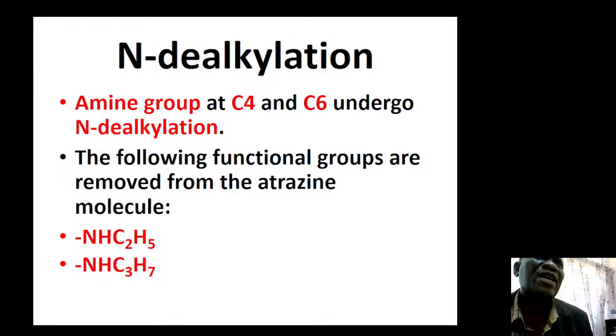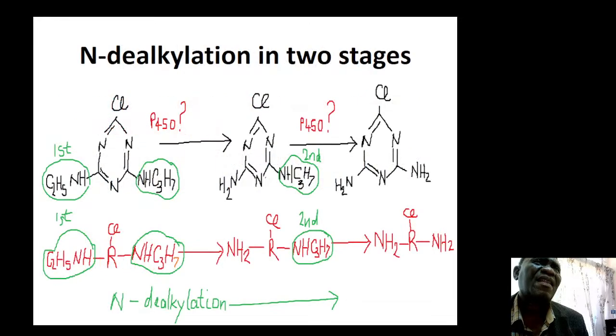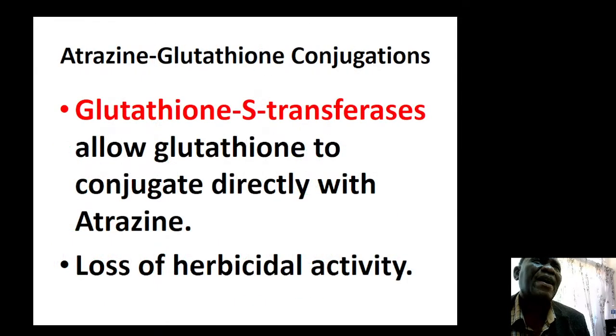So there's also a possibility of dealkylation, removal of the ethyl groups. Those can be removed, forming the amines, as we discussed. Now, what we have been discussing was happening in phase 1.